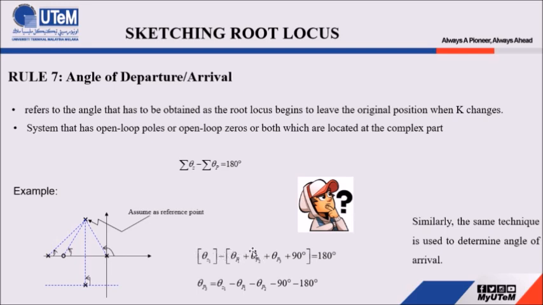This theta 2 also can be calculated. Theta 2 is here, which can be just put as 90 degrees, and this one is theta P3. Theta P3 is the theta that we have to calculate using this formula, and this theta P3 is the angle of departure.